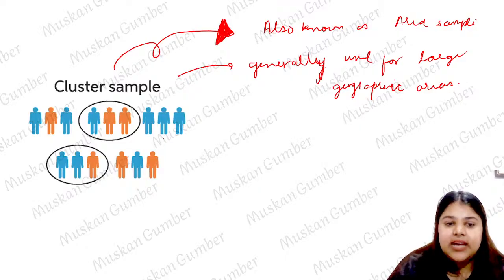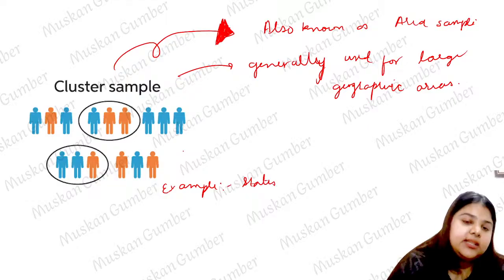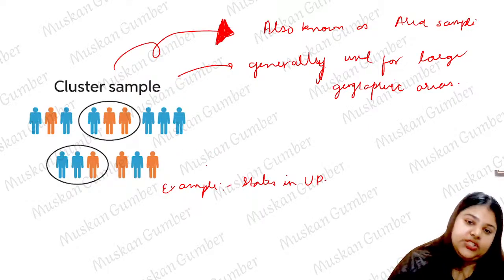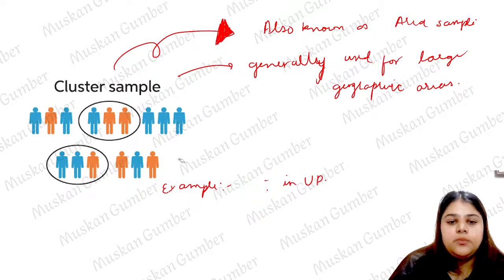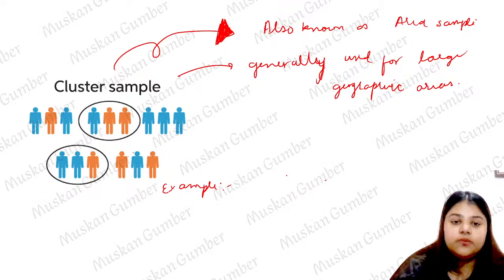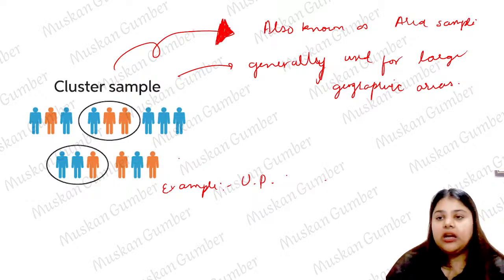So for example, if I want to study all the cities in Uttar Pradesh, I want to collect data from UP. There are various cities in UP, right? Maybe Agra, maybe Meerut, a lot of cities.